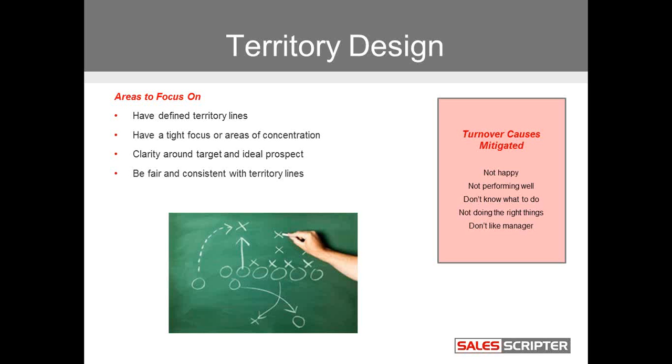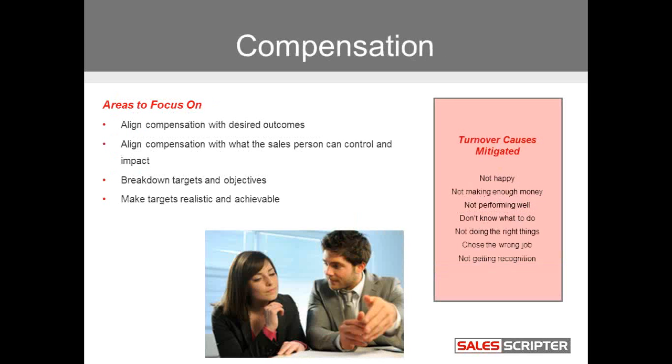So just going back again to being fair and consistent. Doing some of those things can help with happiness, performance, knowing what to do. It can also help with the resource liking the manager because it can decrease situations where someone feels treated unfairly. Something that we actually didn't talk about there is, there can sometimes be poaching across territory lines.